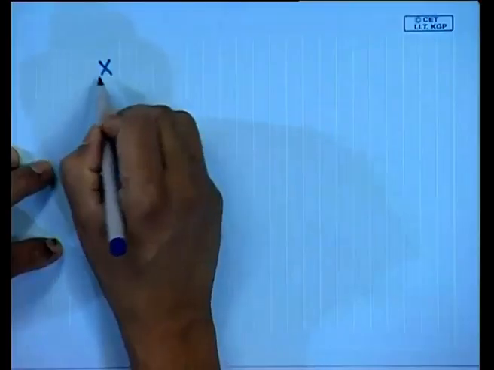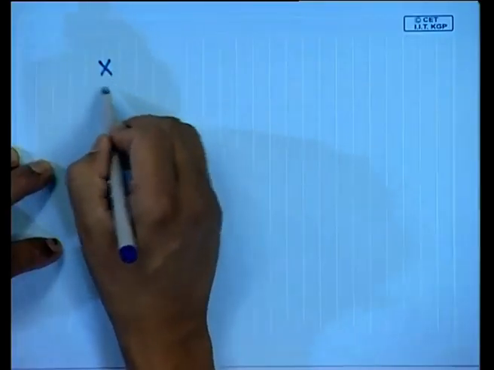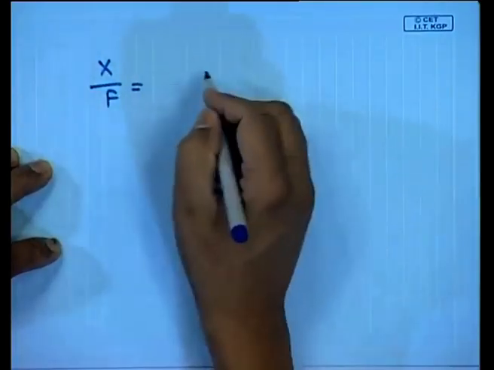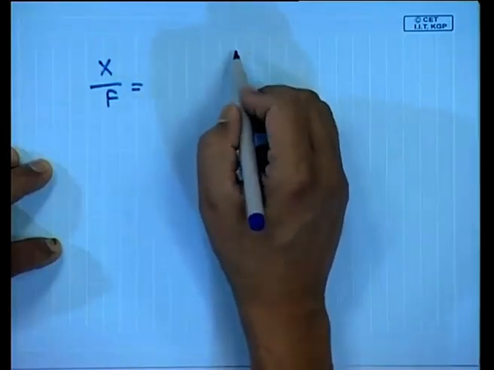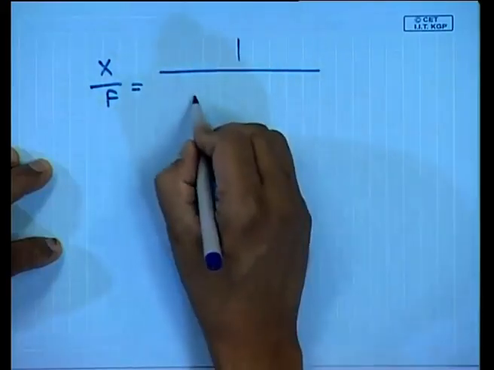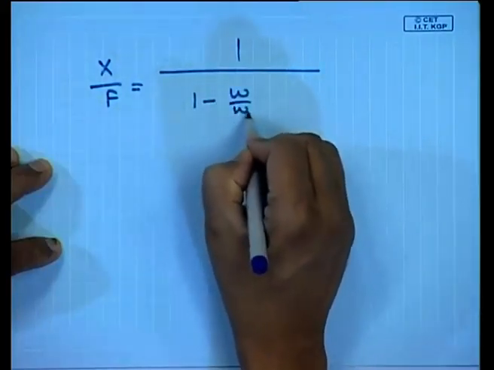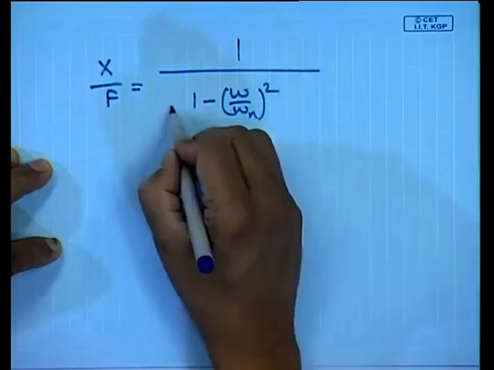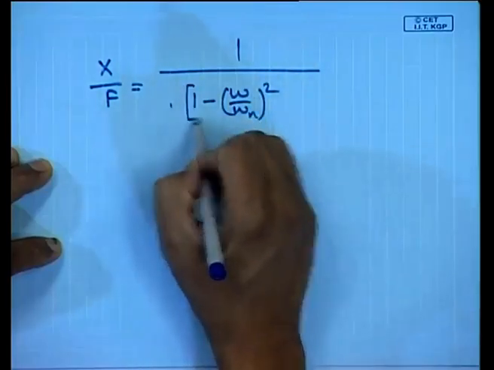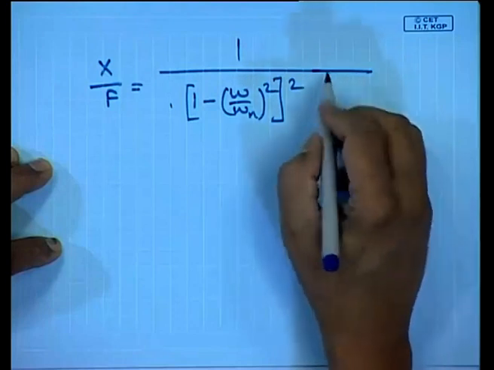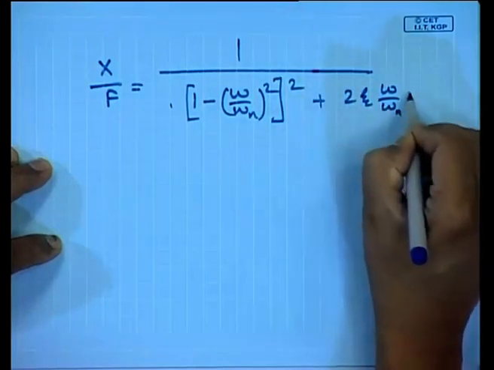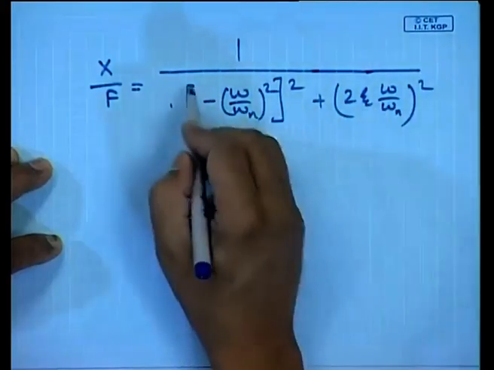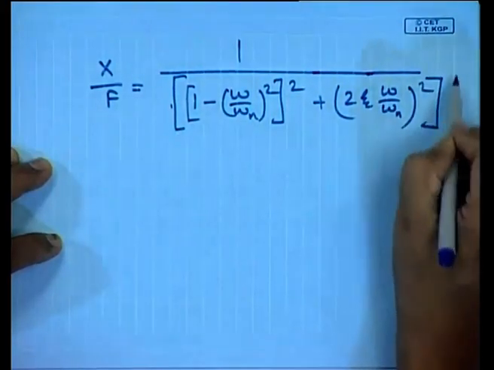So, this equation, or x by f, could also be represented as 1 by the square root of 1 minus omega by omega n square whole square plus twice zeta omega by omega n whole square.